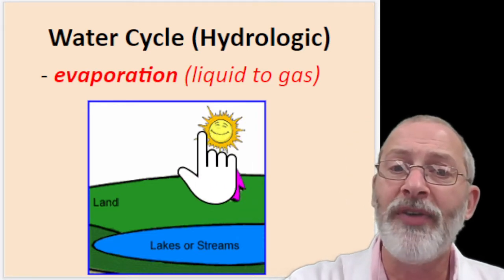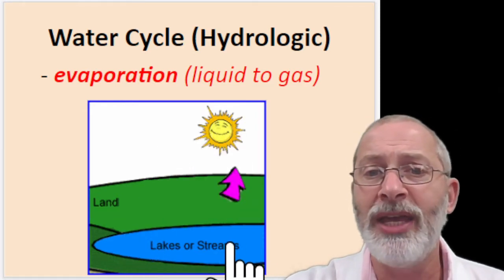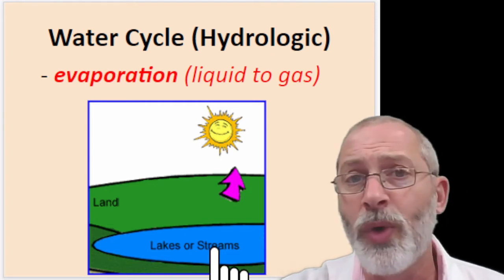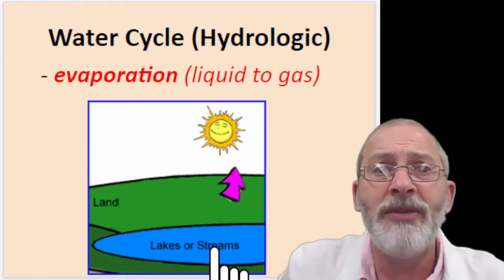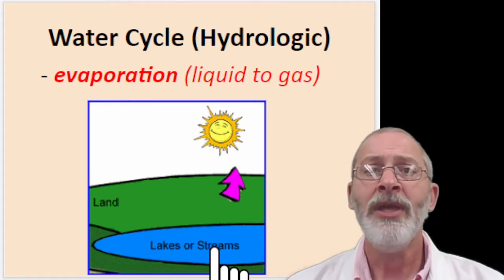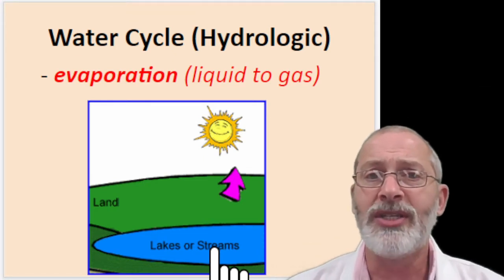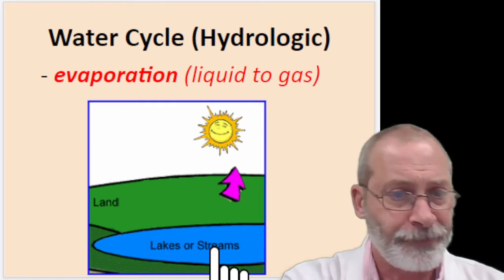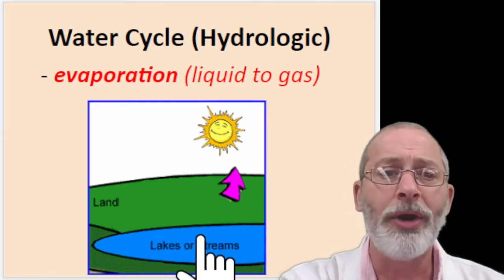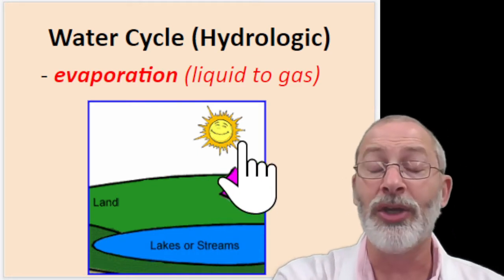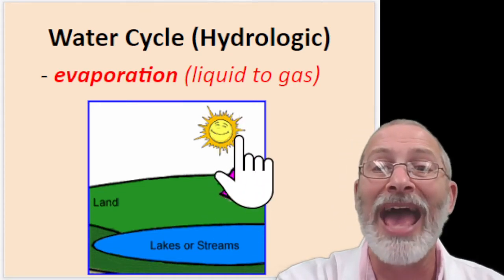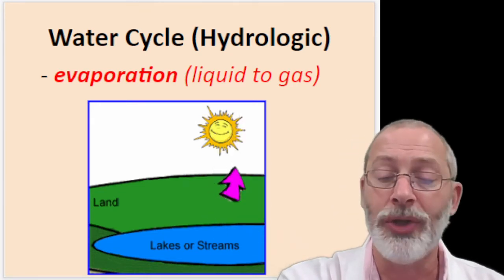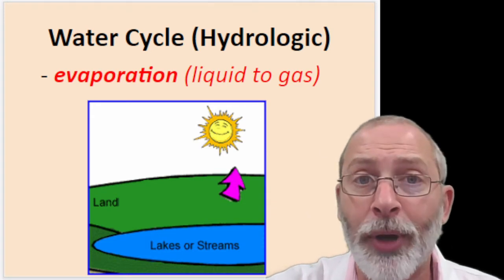So the sun provides energy, and when it shines on water bodies, whether they are lakes, streams, or the very oceans themselves, when enough energy is received from the sun, that liquid water evaporates and goes into the atmosphere as a gas. And that gas is called water vapor.